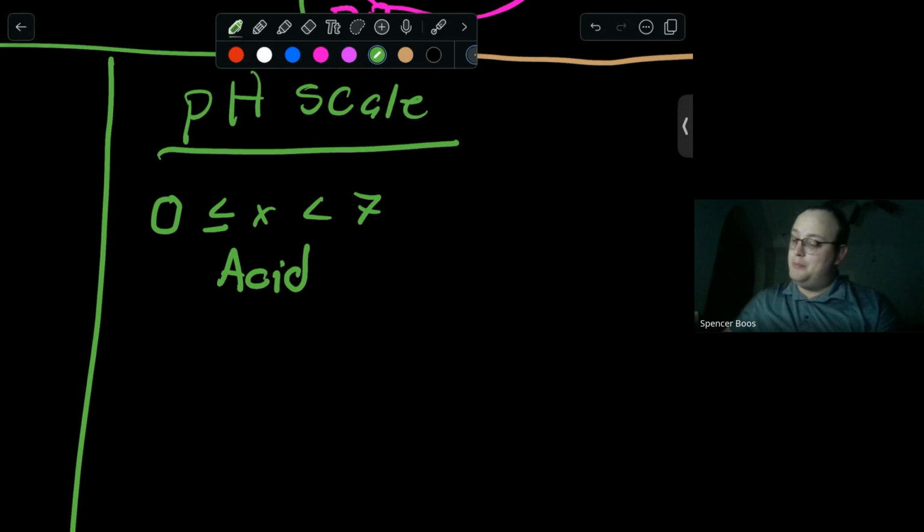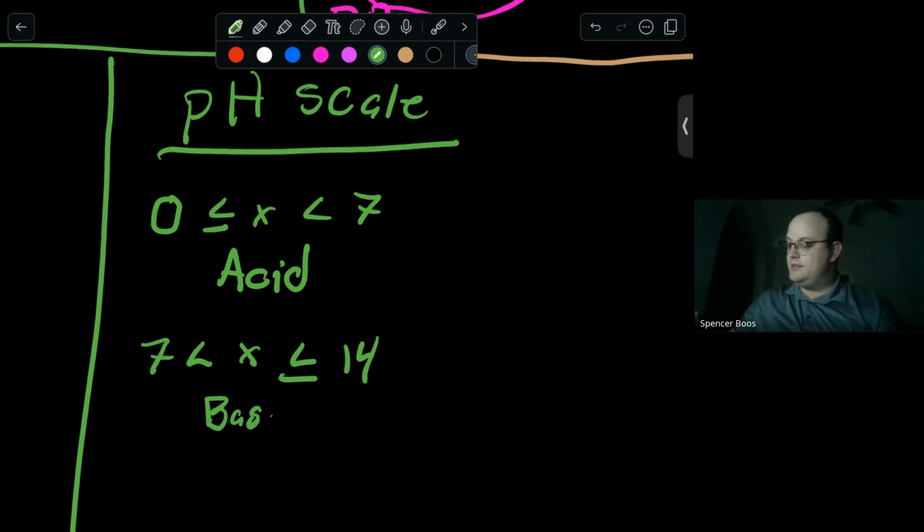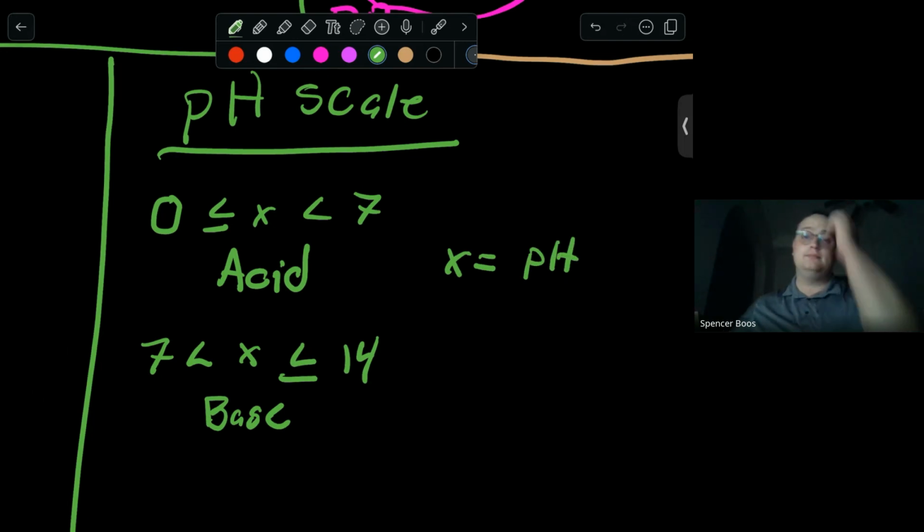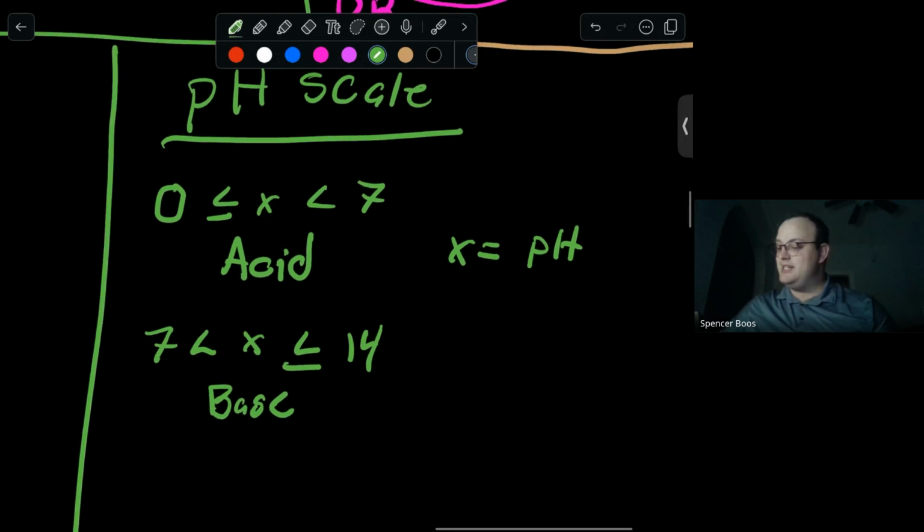But if it is above 7, it is a base. Or of course, X is equal to your pH. So if X is between 0 and 7, including 0, not including 7, it is an acid. But on the flip side, if it is between 7 and 14, not including 7, but including 14, it is considered a base. So that makes it nice, easy, and simple.